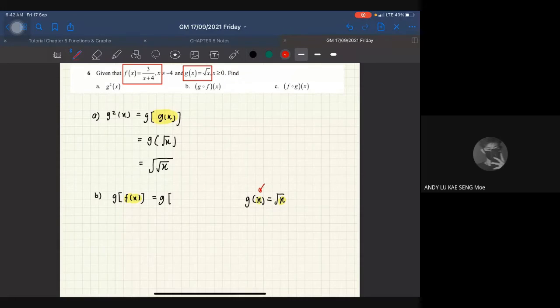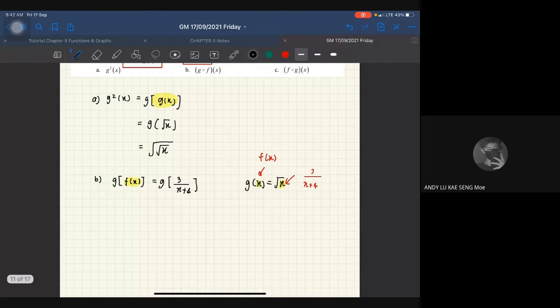So substitute our x here with fx. So fx kita is 3 over x plus 4. Okay, so maksudnya awak akan ada g dalam bracket 3 over x plus 4. Like this. Okay, so settle kat situ.